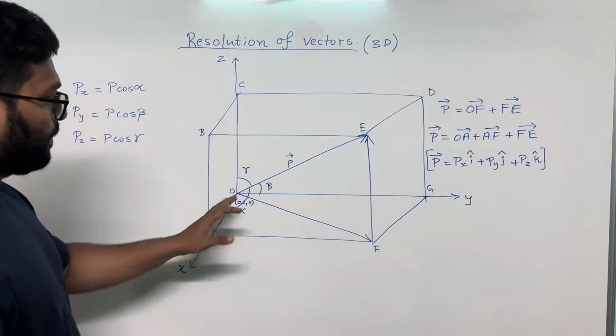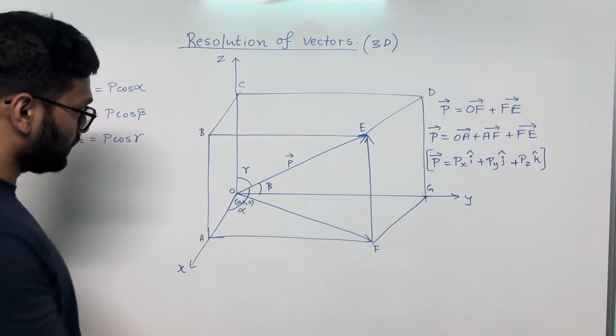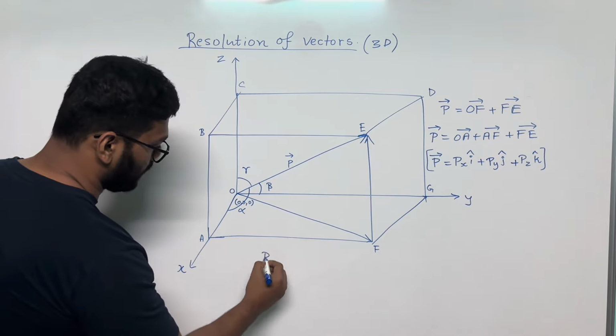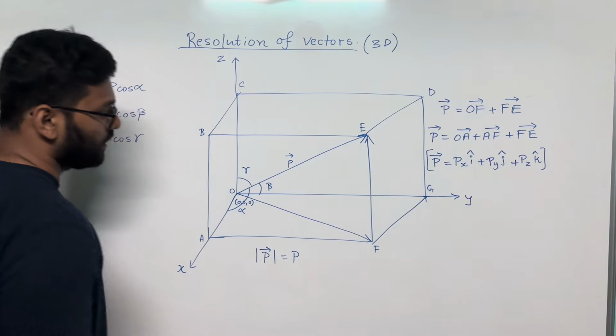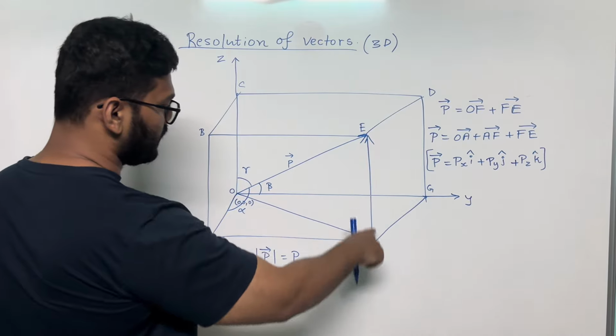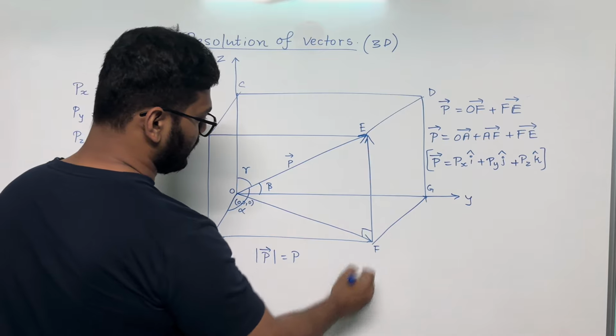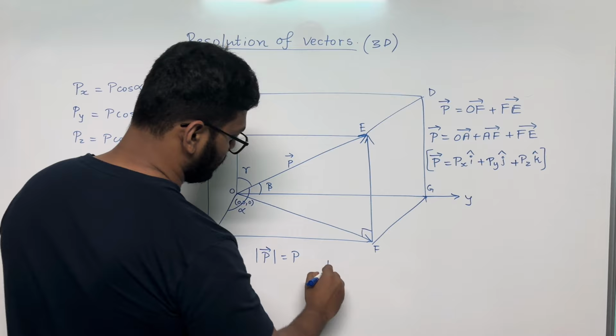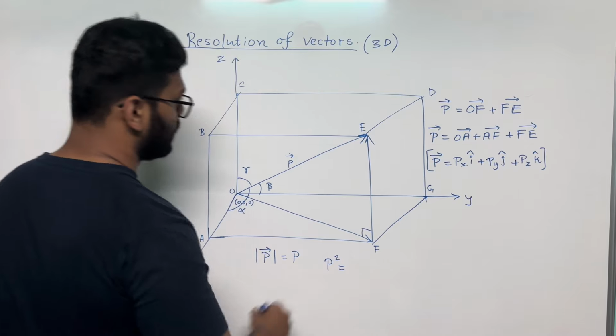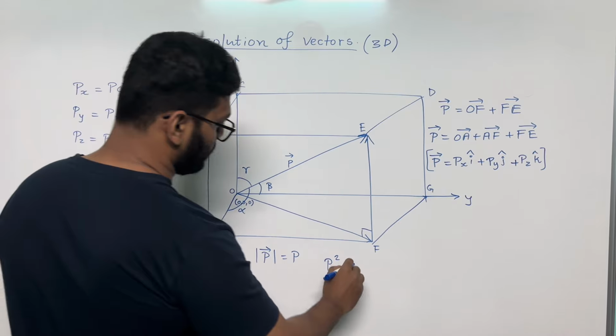Now let's see the magnitude of this vector. The magnitude of this vector p bar, let's say it is p. I can write it in this triangle. I can say this is a 90-degree angle, so I can write p square is equal to FE square plus OF square.